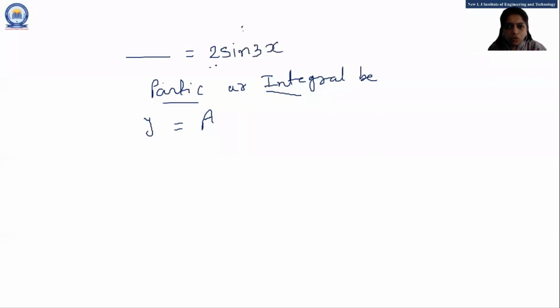Here our k is 2. k is the multiple of sine. So we neglect this 2. We generate the family of sin 3x.